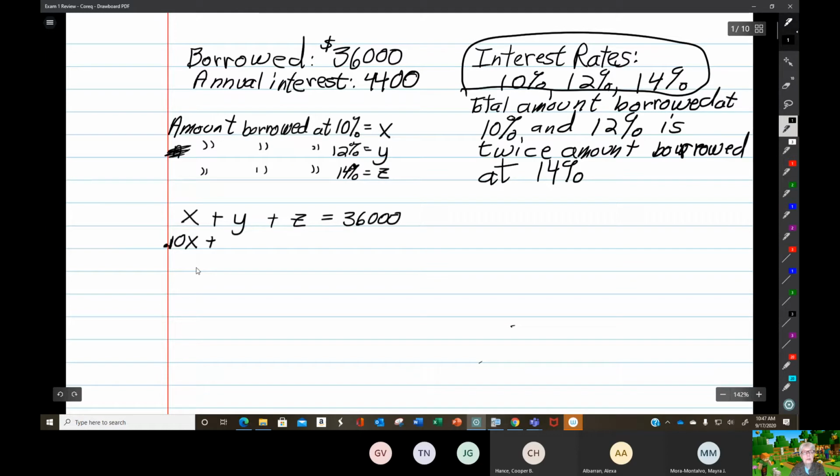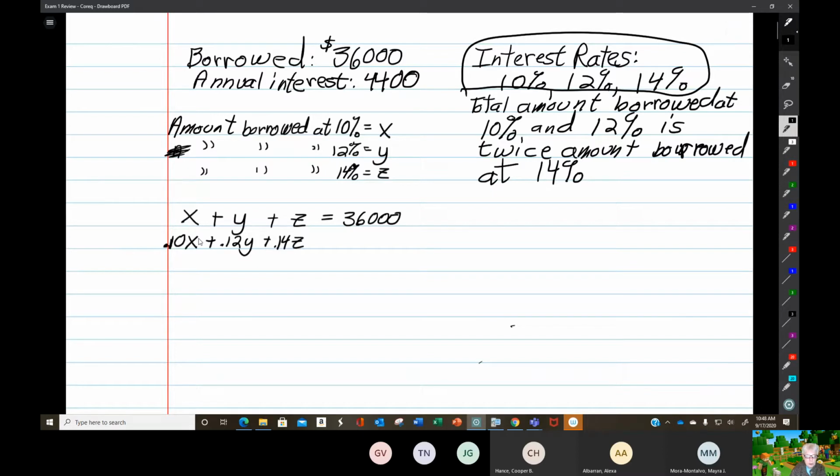So the total interest paid on the X dollars is 0.10 times X. So that's how much they actually have to pay for it. 0.12 times Y is the interest they pay on the Y dollars, and 0.14 times Z is the interest they pay on the Z dollars.